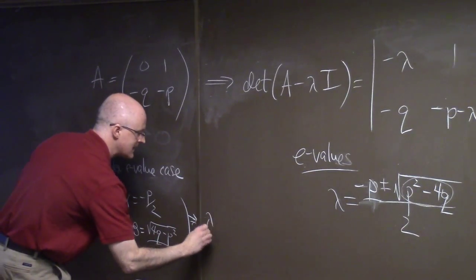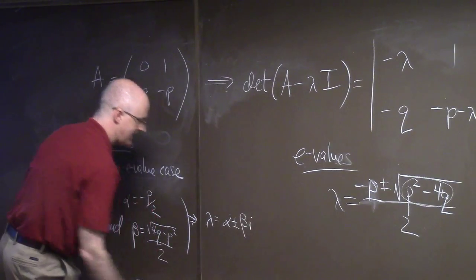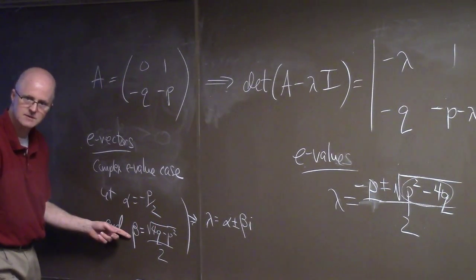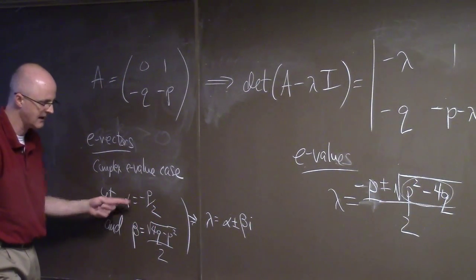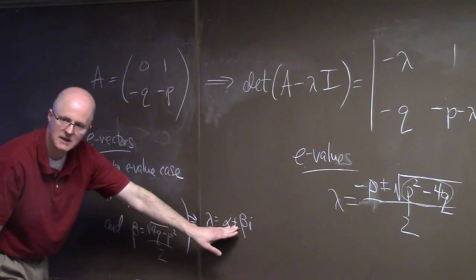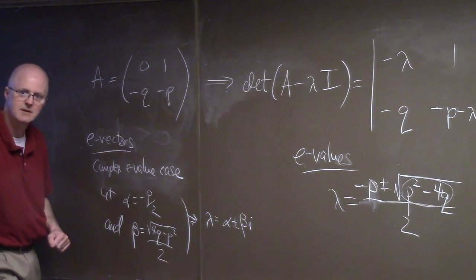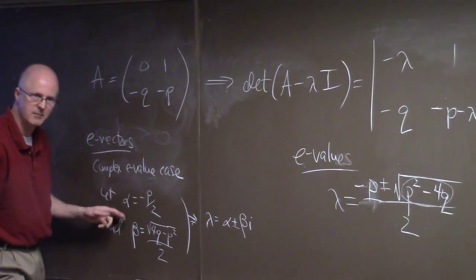The e-values in that case are going to be alpha plus or minus beta i. Alpha and beta are real numbers. Beta is called the imaginary part of the eigenvalue when we take the plus one; with the minus one, the negative is the imaginary part. These are both real numbers.